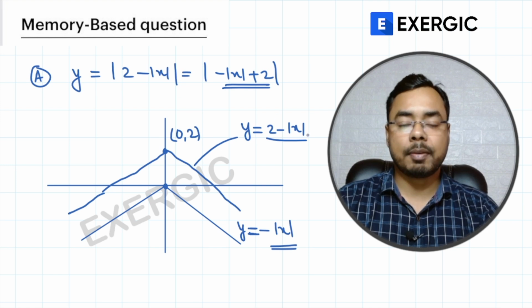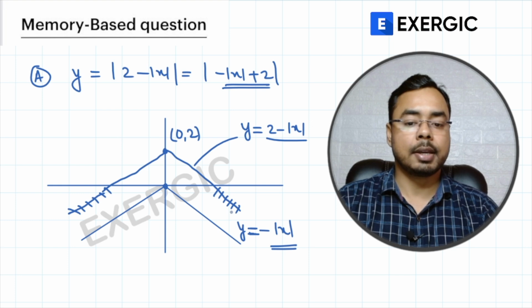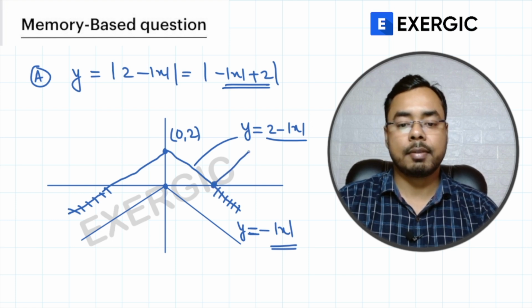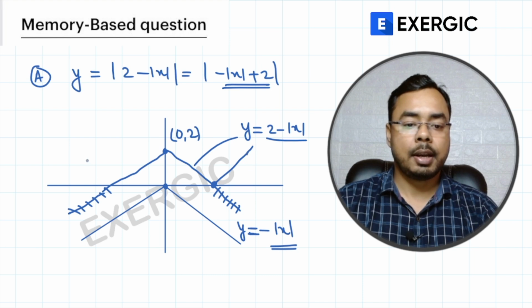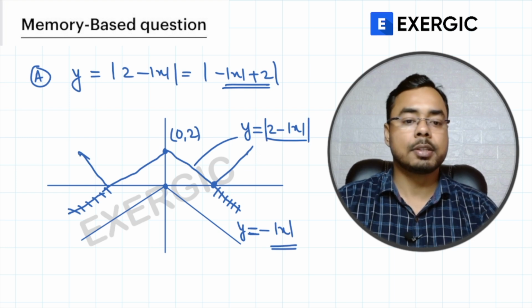Now in the next step, if I have to take the modulus of this entire thing, then we have to delete the portion of the graph which is below the x-axis and take its image about the x-axis. If I erase this portion and take its image, I will get a graph something like this, and similarly here also you will get this branch. So now this becomes the graph of the function mod of 2 minus mod x.